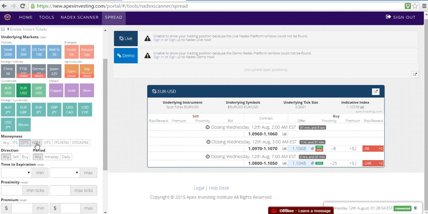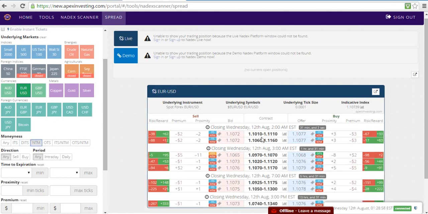The next one, NTM, near the market. This is not just narrowing it down between the floor and ceiling; it means the current indicative is close to where the current market is, meaning the bid or offer of the spreads, like right here, bid and offer. This refers to the price more than the floor and ceiling.